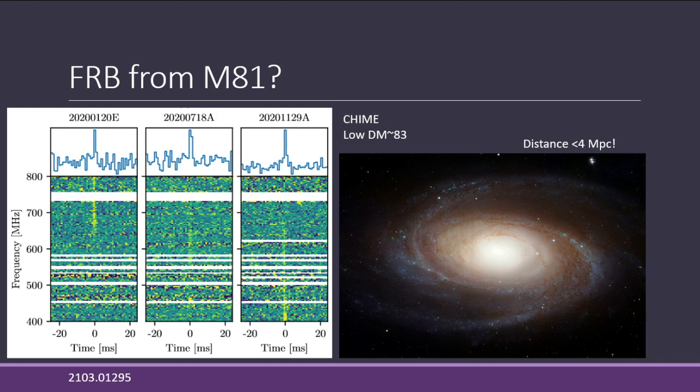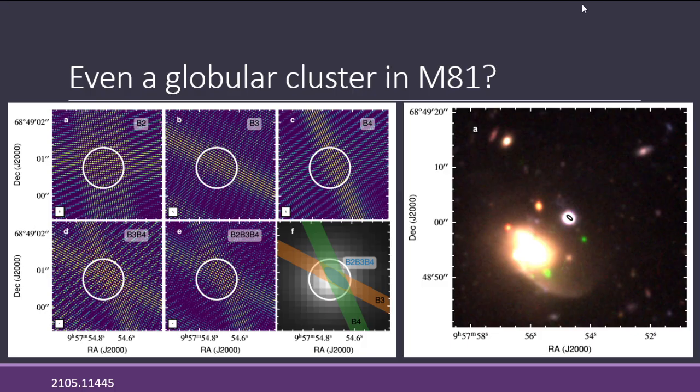Perfect. But it brings problems because it's not, for example, somewhere in the spiral arm where star formation is active. There are many massive stars, many supernovae, and so many young neutron stars. No, the source is in a globular cluster. And this is really strange. This is really peculiar, and we'll discuss it later when we come to models.